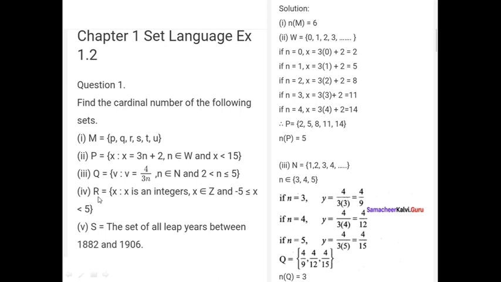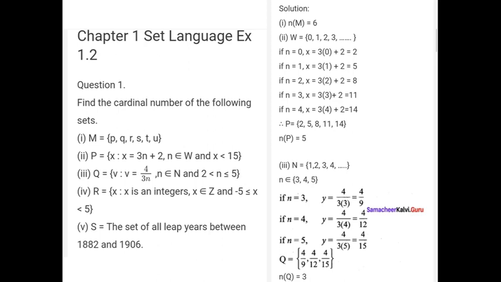Next, fourth question, R equal to the set of x such that x is an integer, x belongs to Z, and x is greater than or equal to minus 5 and less than or equal to 5. They have said x is an integer and the x value is greater than or equal to minus 5, so minus 5 must be included. What are the values in between?